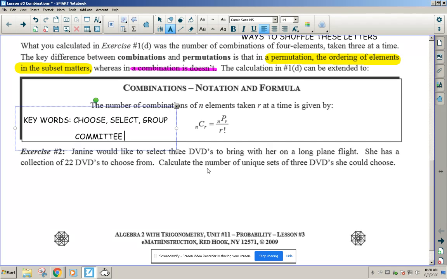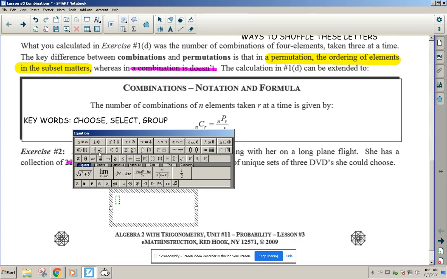So Janine would like to select. Now here's the word select. So again, this is one of our important words. She wants to select 3 DVDs, and she has 22 to choose from. So you can tell this is an old handout, because you guys don't use the word DVD anymore. Everything's on your phones.